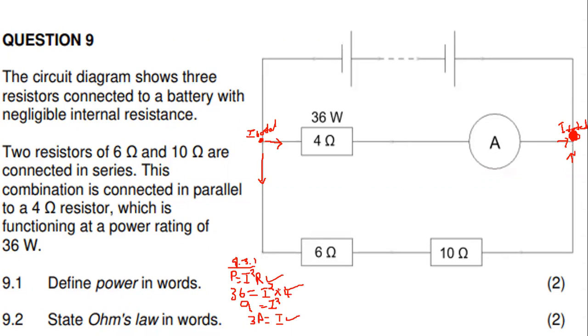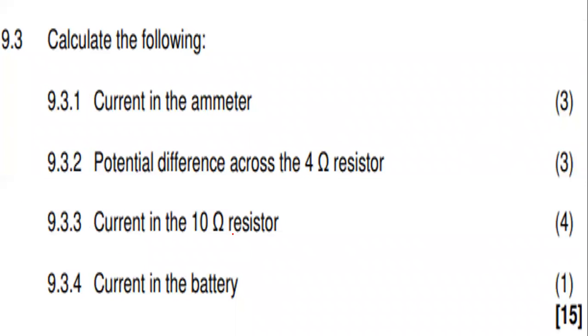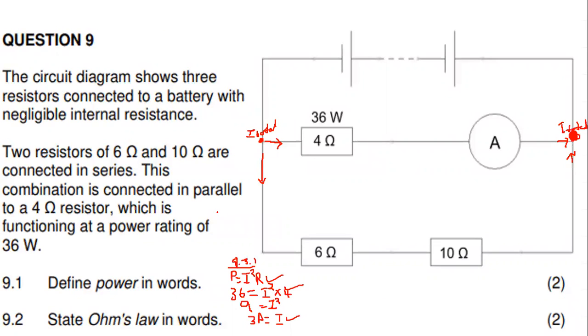So there are a lot of formulas for power. The one that is relevant is the one where I'll have the power, I'll have the resistance, then I can calculate the current. Then we want the potential difference across the 4 ohm resistor. So we know the current that is flowing through there. So we want to get the potential difference across this resistor.